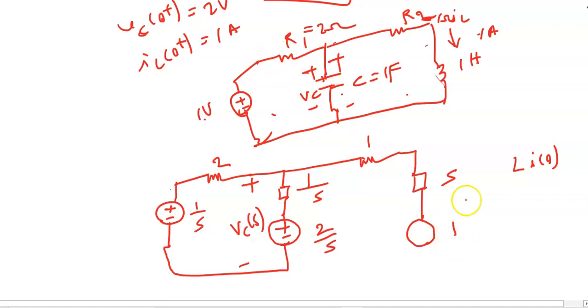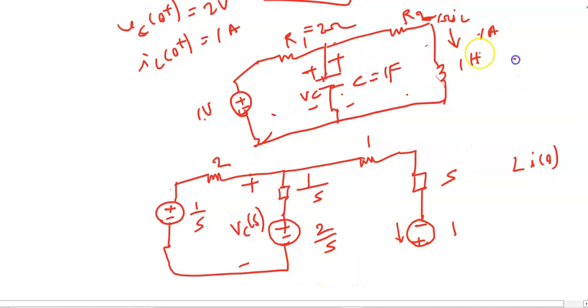L I0 is 1, and the polarity of the inductor voltage transform will be in such a way that when current flows from the positive terminal, it aligns with the actual current direction. So obviously this will be positive, this will be negative, when current flows from the positive terminal towards the circuit.